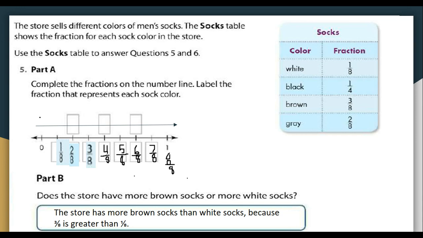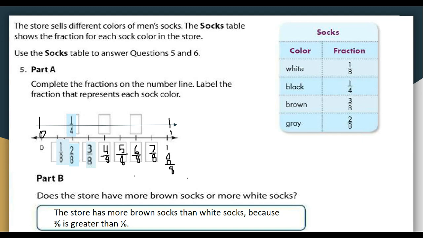So now I'm looking at this as the same number line, but now this number line is partitioned into 1, 2, 3, 4 pieces. So 1/4 would go right here.